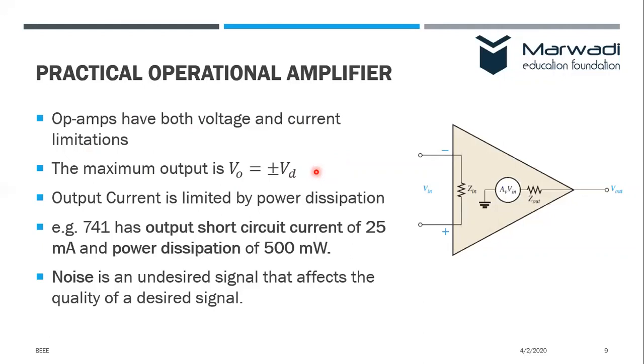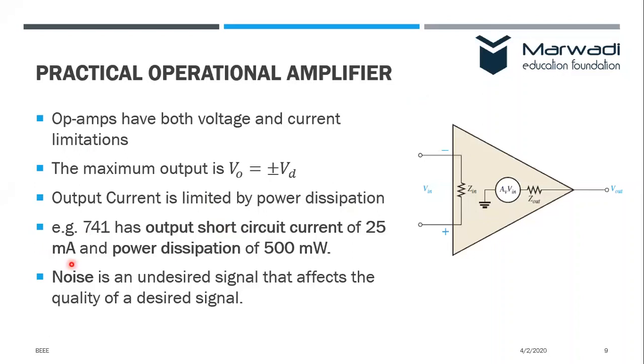Similarly, the output current is limited by power dissipation. For example, a 741 IC, which we have seen earlier, has an output short circuit current of 25 milliampere.